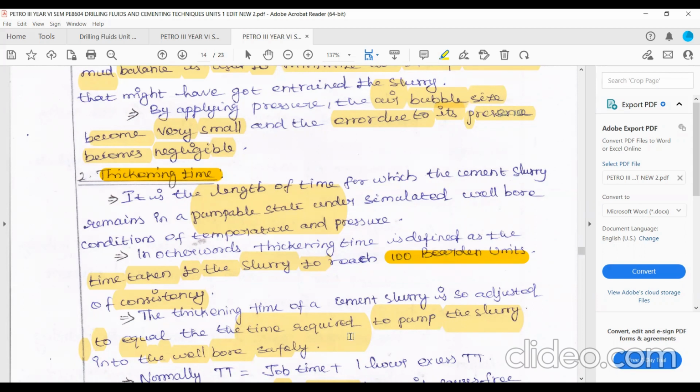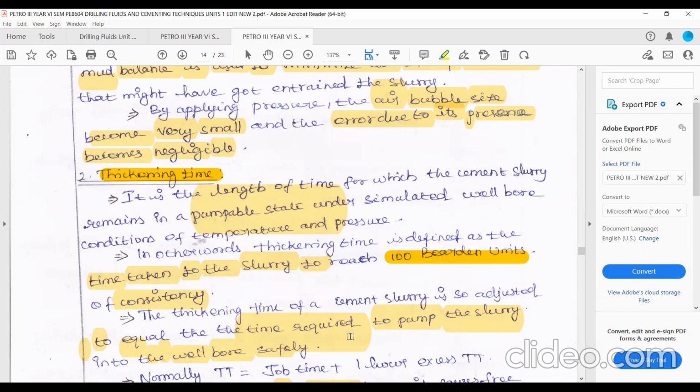We don't discuss the civil engineering side, where they will be discussing setting time, but what we discuss is the thickening time. We want the cement not to thicken. We want the cement to be pumped till the location, and after that, obviously, it will settle.